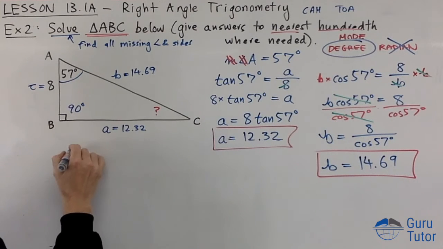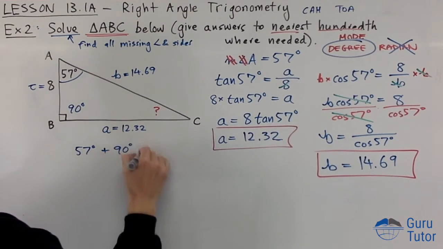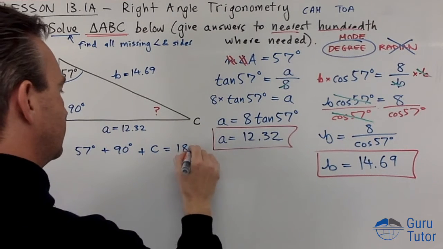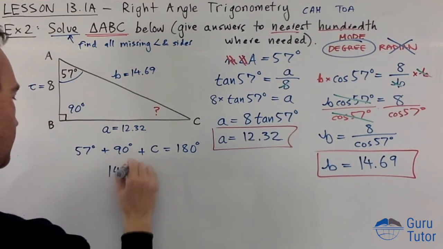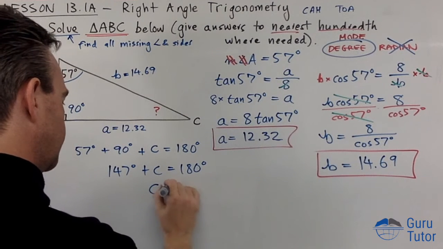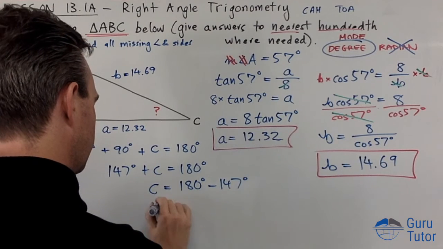So let's do that. We've got 57 degrees plus 90 degrees plus C equals 180. 57 plus 90, that is 147, plus C equals 180. C is going to be 180 minus 147.